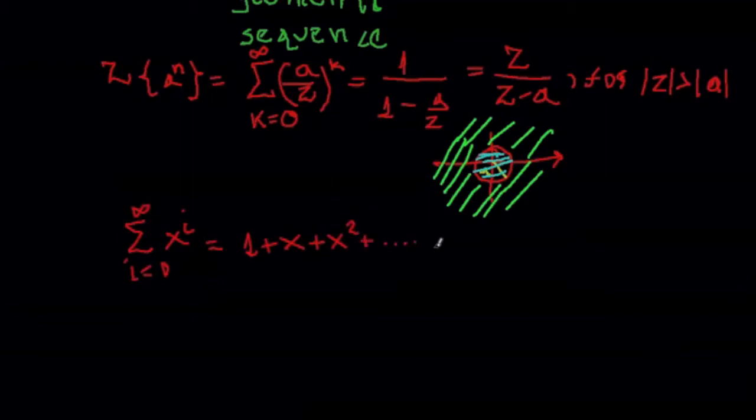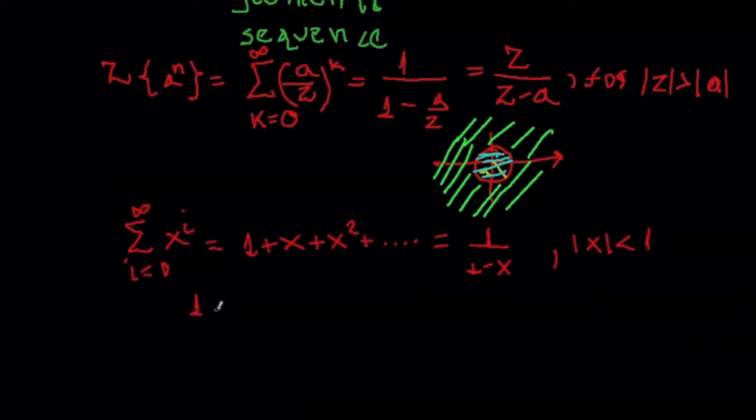This is an infinite series, and let us claim that this is 1 over 1 minus x, providing that, again, x is less than 1. How can we do that?